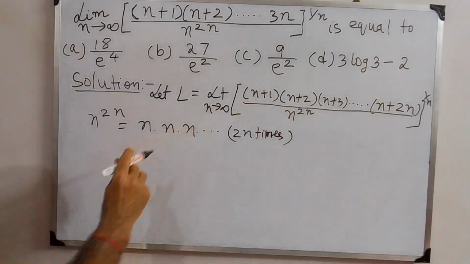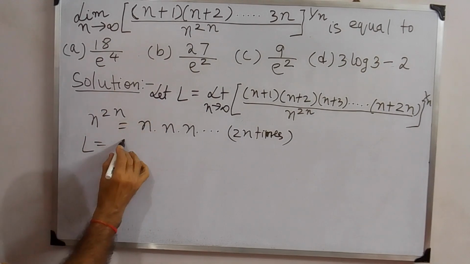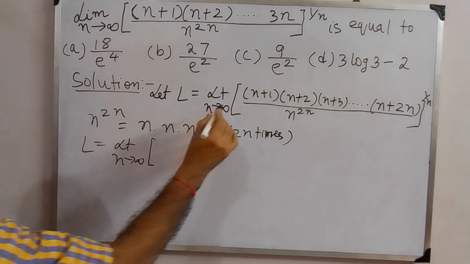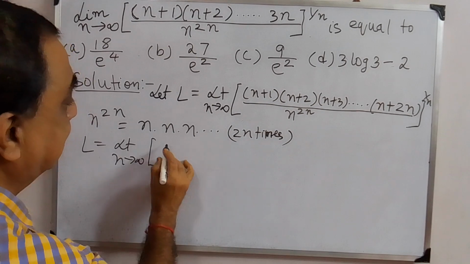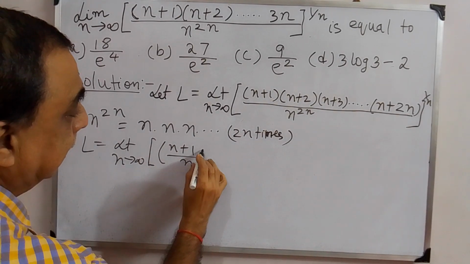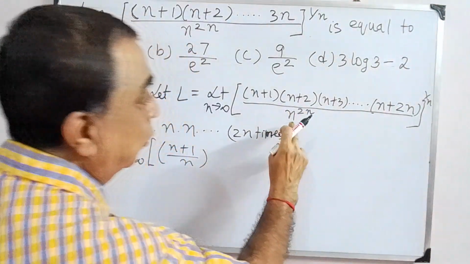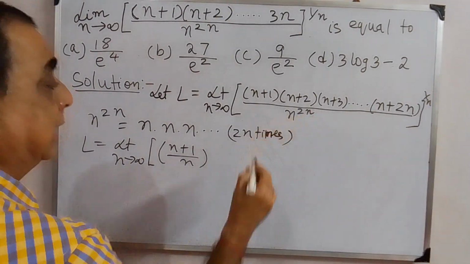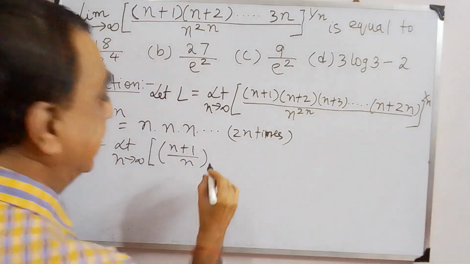So here limit L will become equal to limit n tends to infinity. I am dividing the expression inside each bracket by n. There are 2n brackets, and there are n's 2n times, so this n to the power 2n will be used up in the 2n brackets.